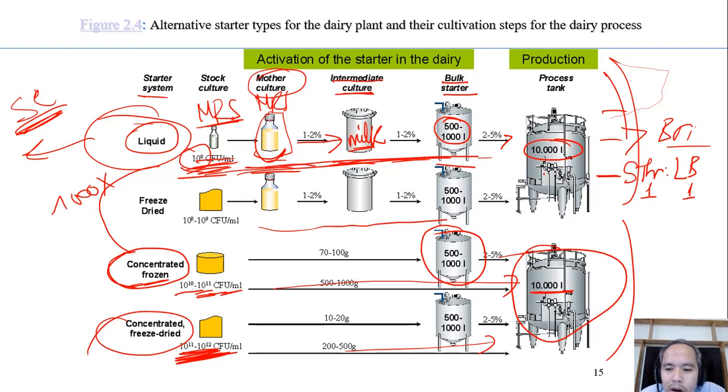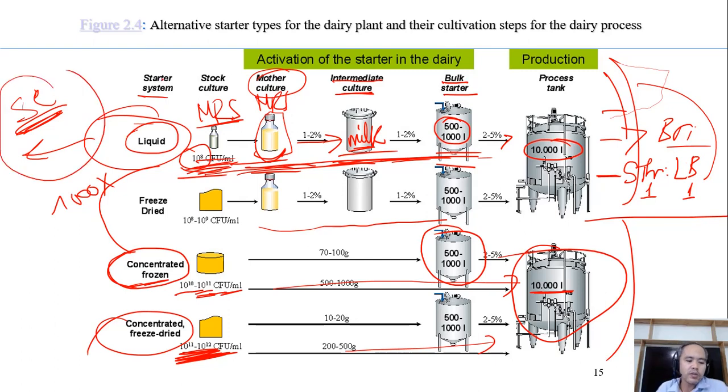One becomes more, one becomes less. Why? Because the conditions can be more favorable to one, but not to the other. So those are the disadvantages of this system. But one big advantage is that you own your starter culture, so you have the properties of that starter culture that only your product has.